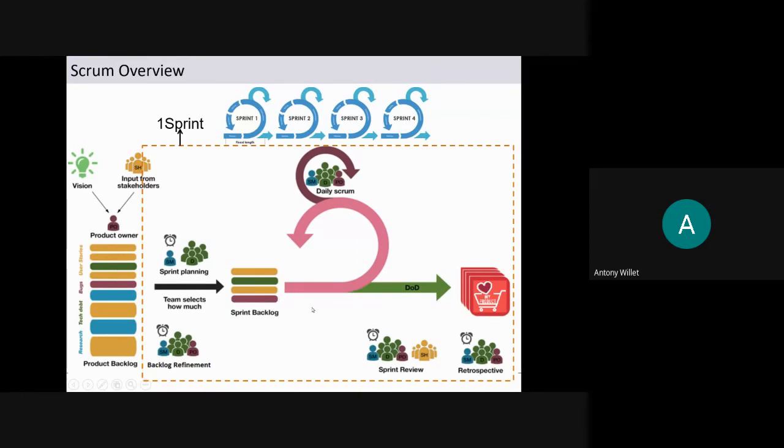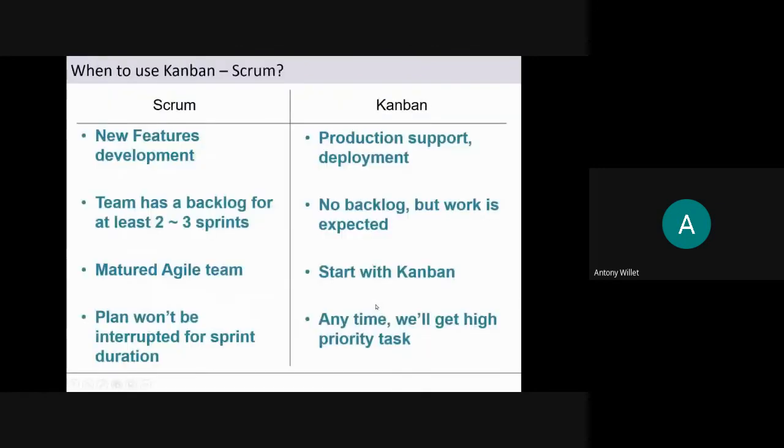The 2 week sprint backlog is fixed. That's not the case in Kanban. As it comes in, every 3 days or every 2 days, we will take up new items. Anytime we get a high priority task, the team will take it up and work on it. This is one list of differences between Scrum and Kanban.